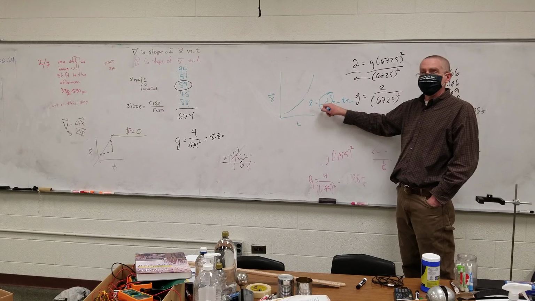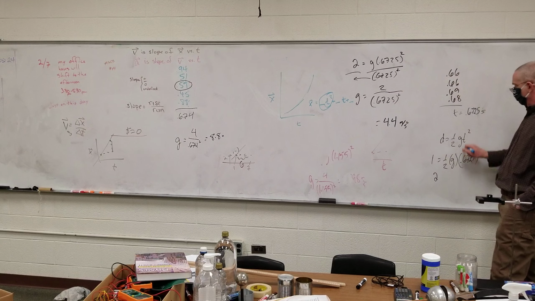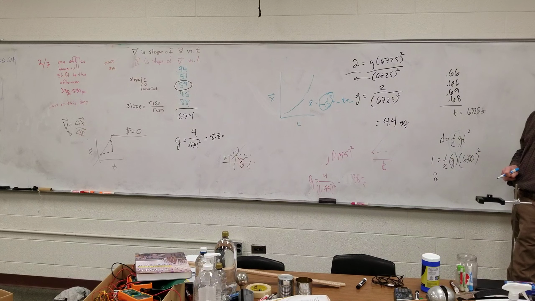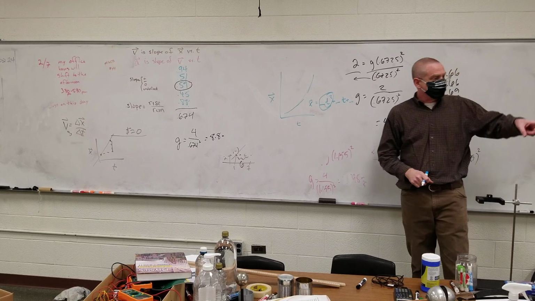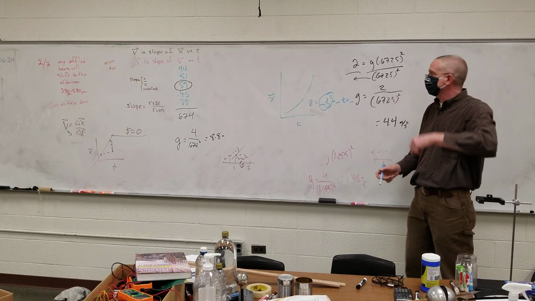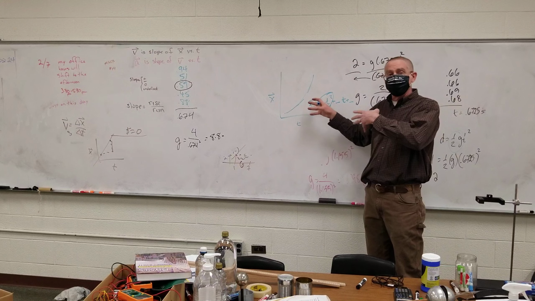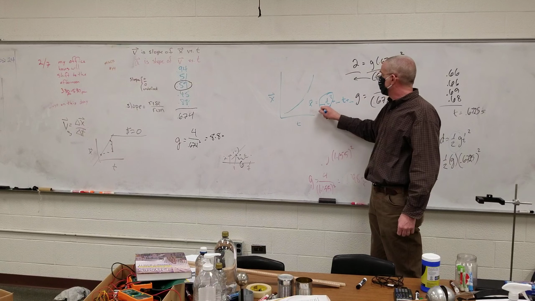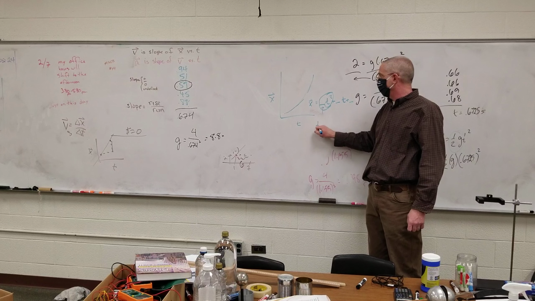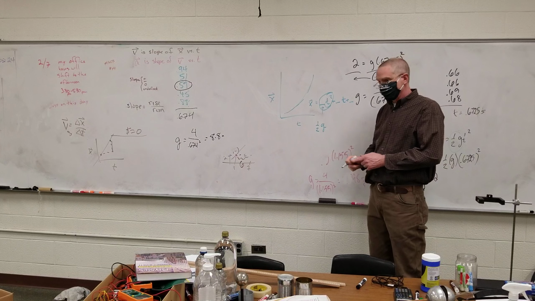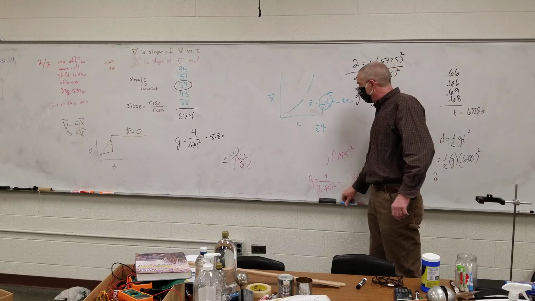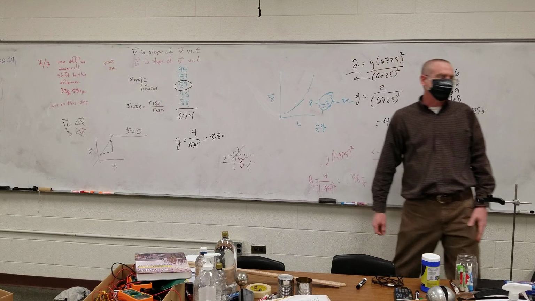The coefficient here is 1/2 g. So all I have to do is use the motion sensor, have it drop, do a position versus time graph, look at the plot. The LabQuest will tell us what the equation is, and we just take this number in front of t squared, and that's equal to 1/2 times g. So let's find out what we get that way.